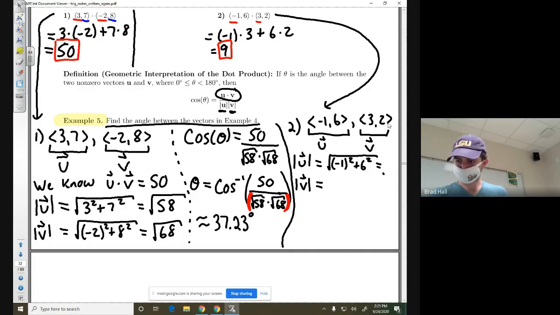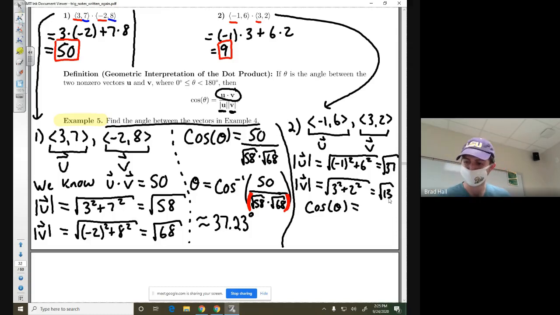So that's square root of 37. Square root of 13. We found the dot product to be 9. Now it's 9 divided by square root of 37 times square root of 13.